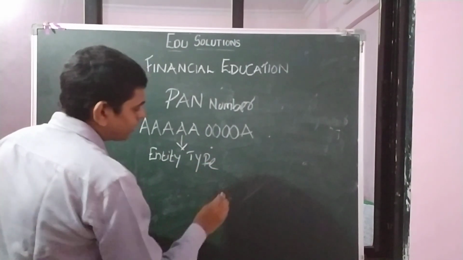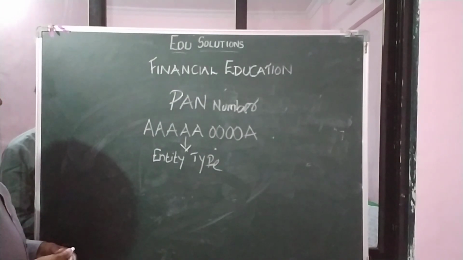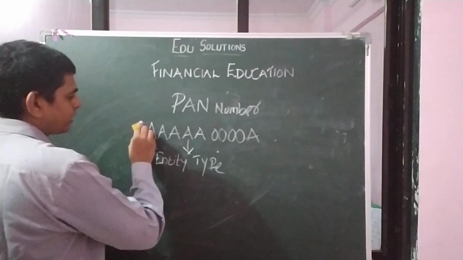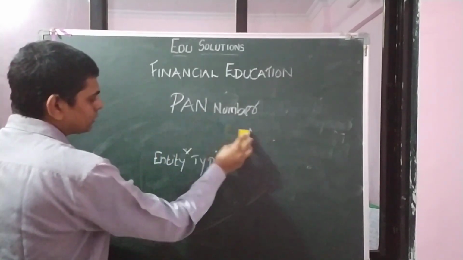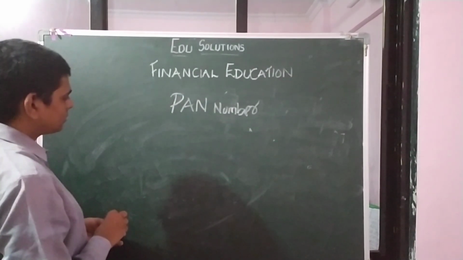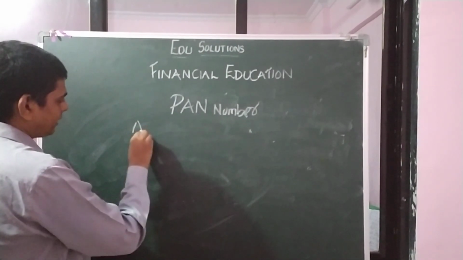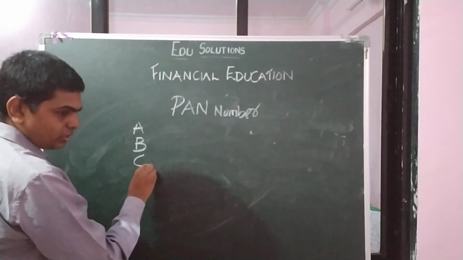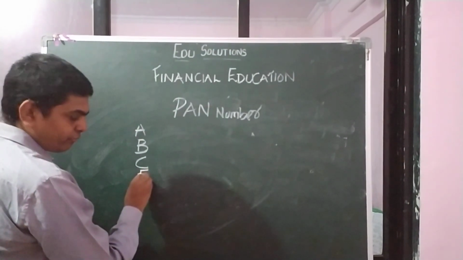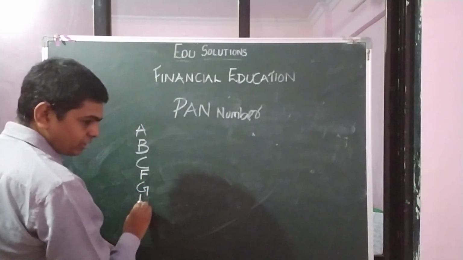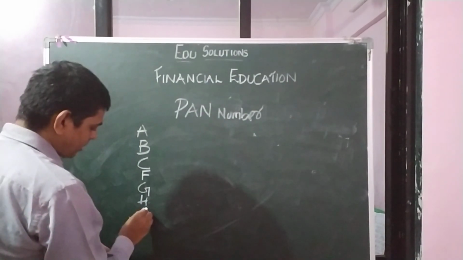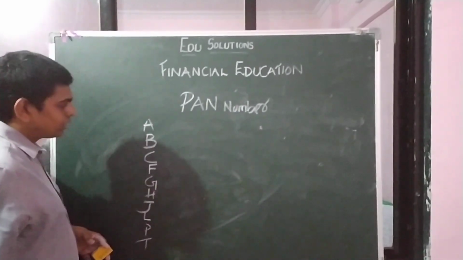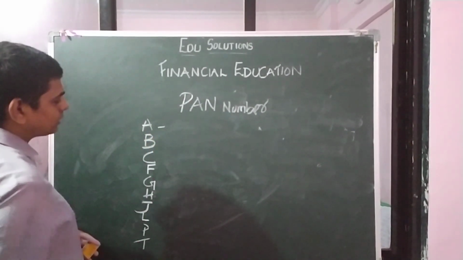So what's entity type? Entity type is which type of company or organization they are running as per the law. There are 10 characters: A, B, C, F, G, H, J, L, P and T. Let's see what each character represents.